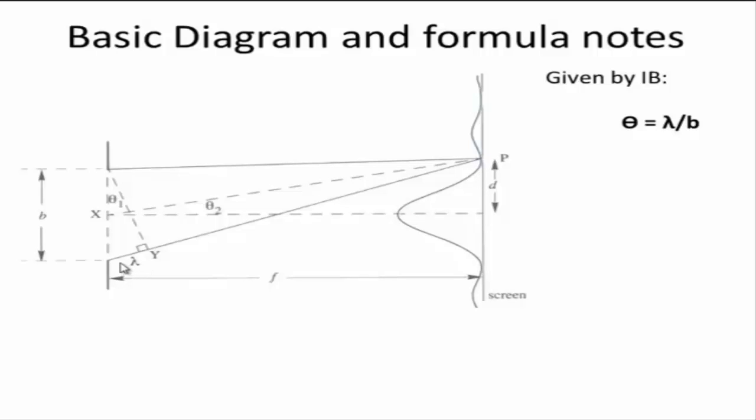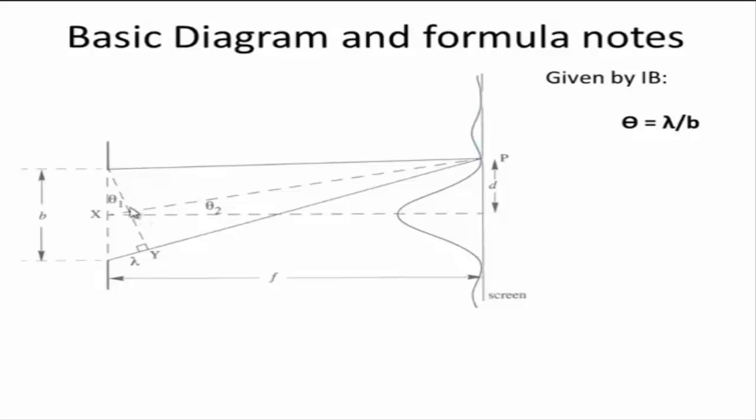If it's one wavelength difference, surely that would cause constructive interference. However, we've got to remember about all of the other light which is reaching this point. And as it turns out, if we have this situation, the average difference, so in the center here, is actually only half a wavelength. And if it's half a wavelength difference, that causes destructive interference.